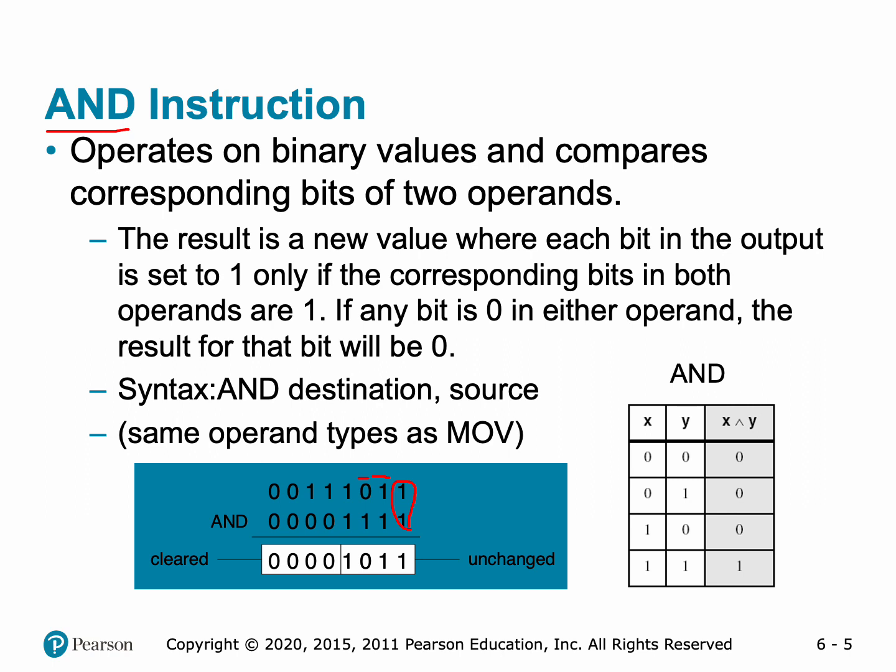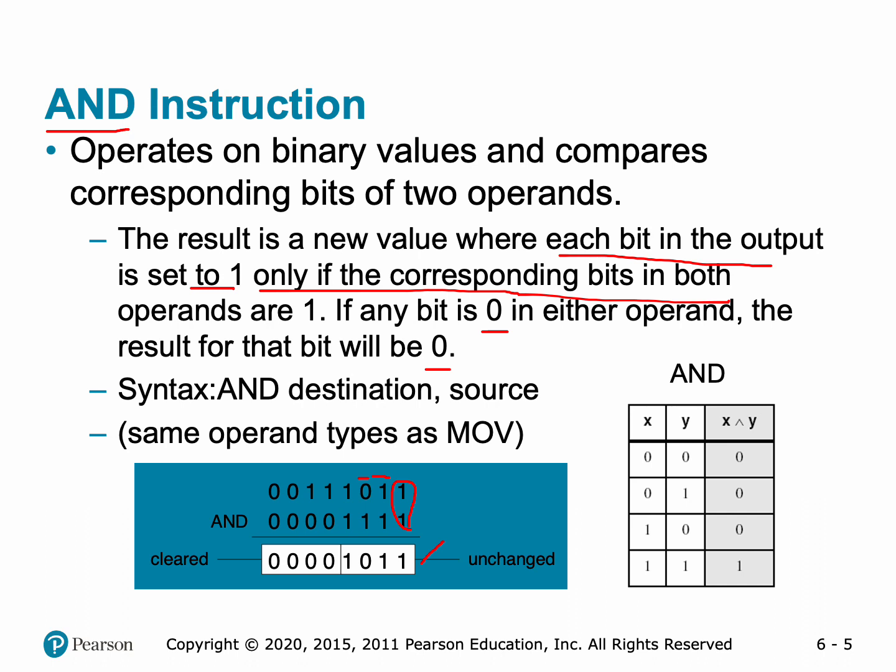The result is a new value, where each bit in the output is set to 1 only if the corresponding bits in both operands are 1. If any bit is a 0 in either operand, the result is a 0. So a 1 and a 1 is going to give you true.